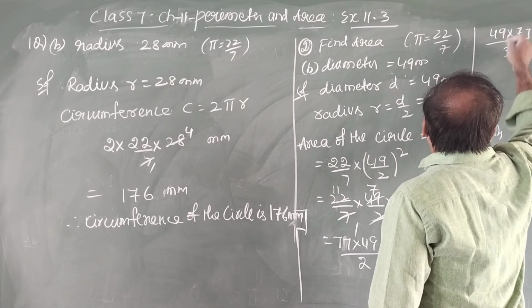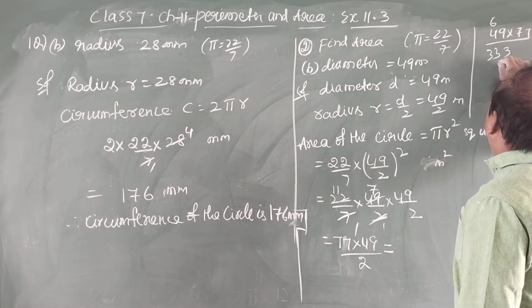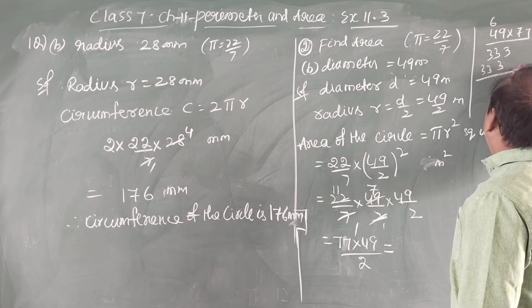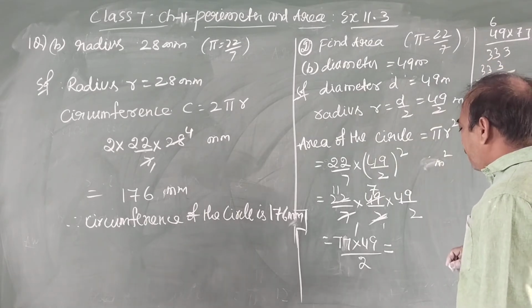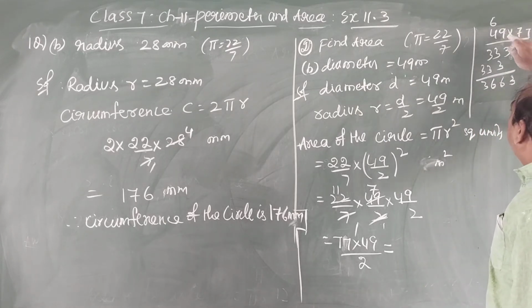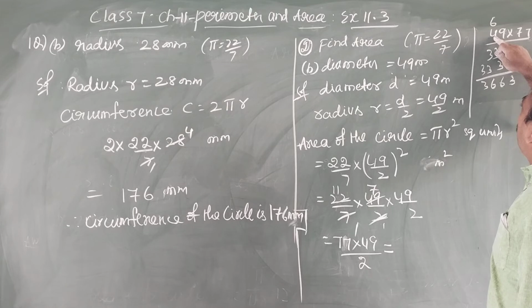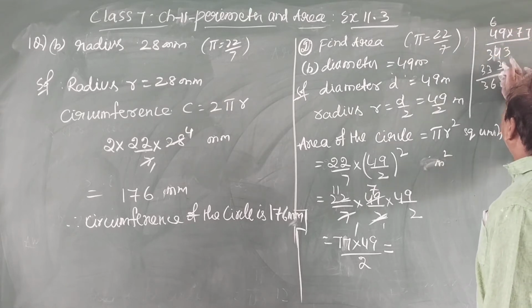49 into 77: 7 nines are 63, 7 fours are 28 plus 6, 34.